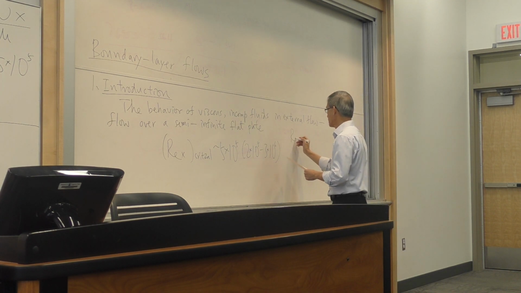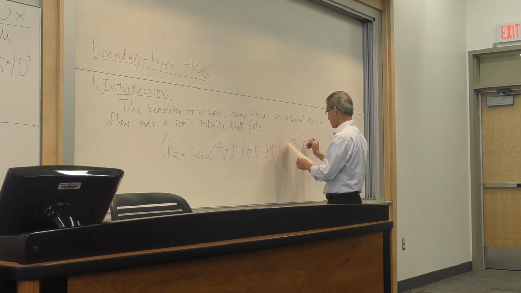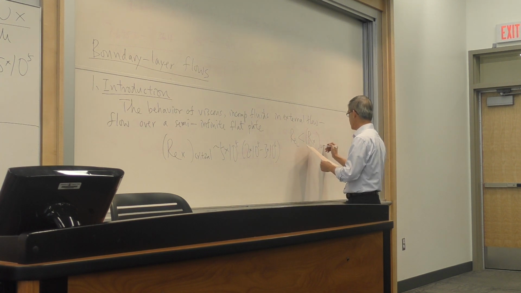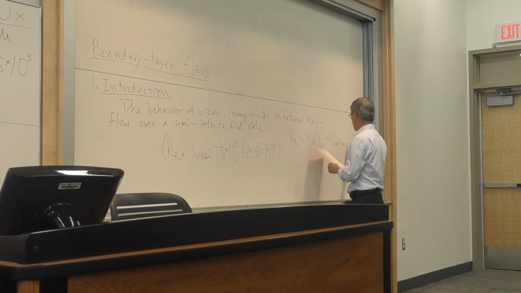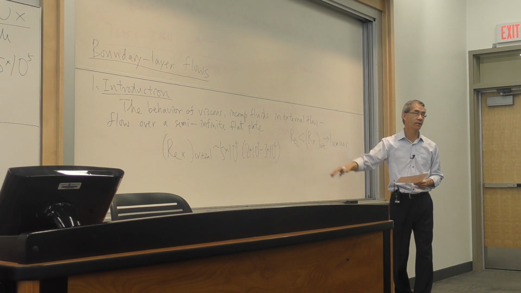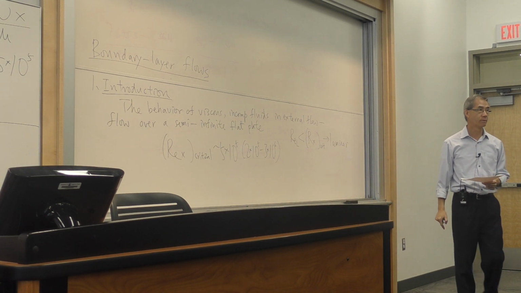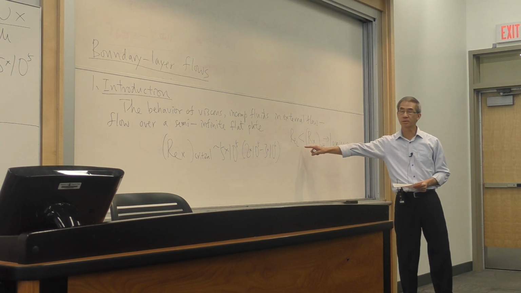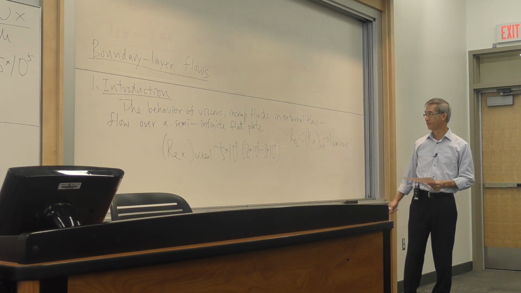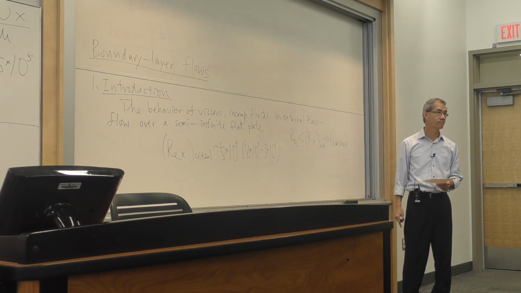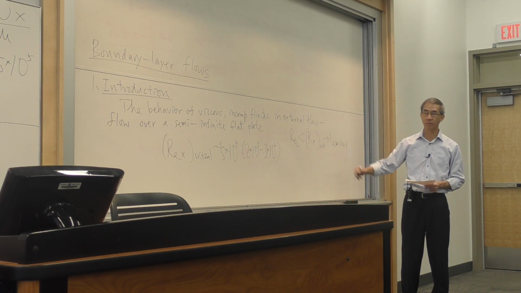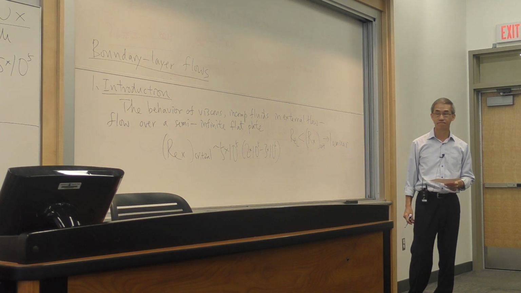But the main concept I want you to remember is that at a distance from the leading edge of length L, a foot, 10 feet, etc., if I calculate the Reynolds number based on the definition I've shown, if it's less than 500,000, then that part of the boundary layer from the leading edge to this point L will be laminar.